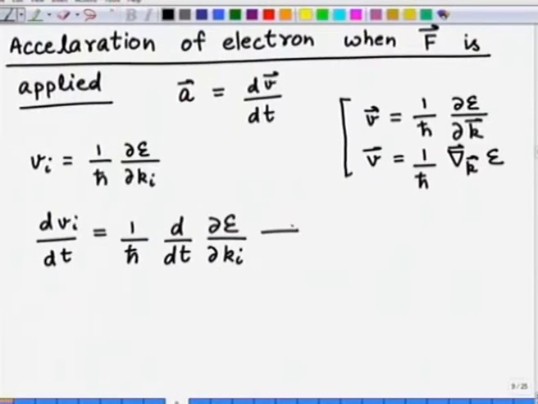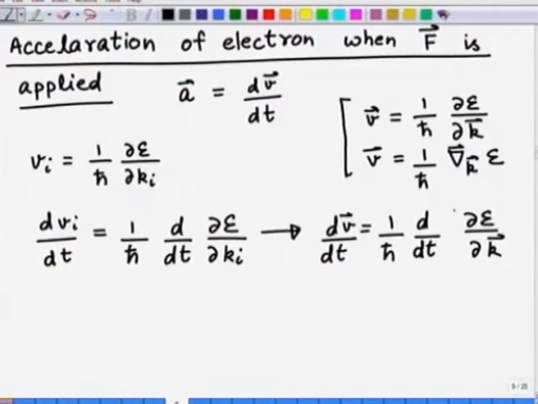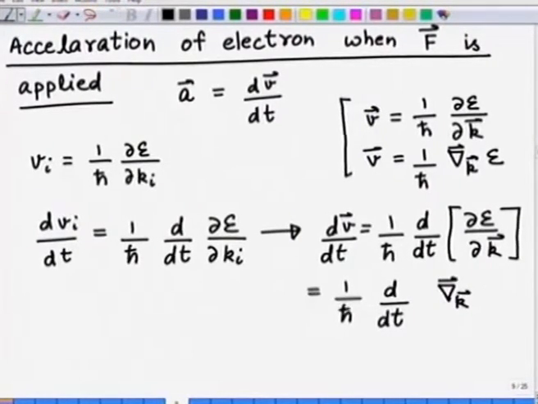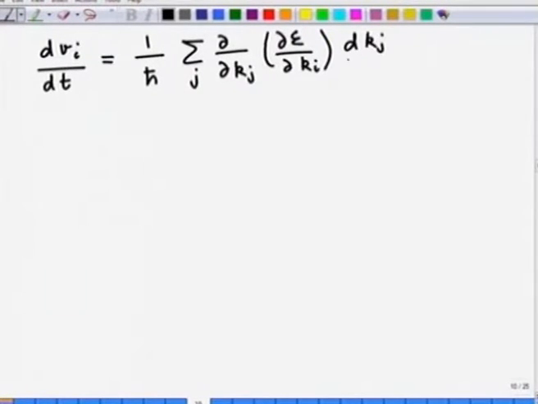If you want, I can write this as a vector: dv dt is 1 over h del E by del K, and d dt of this quantity, equal to 1 over h bar d dt of this quantity, and I should write simultaneously with this a dk_j dt.